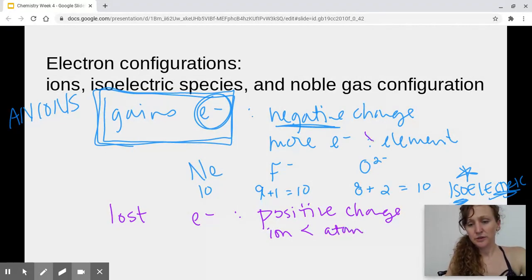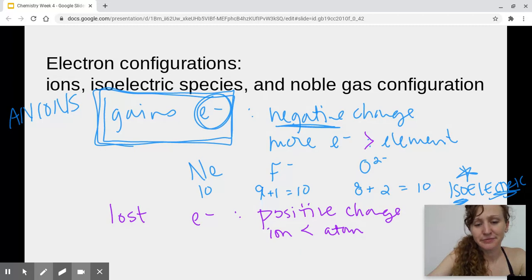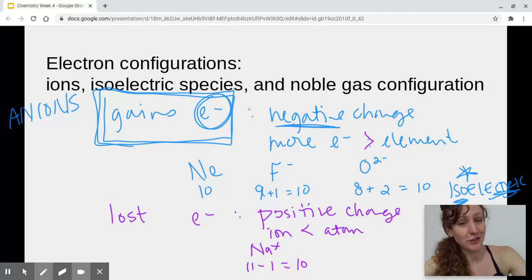I can put a little alligator in for our anion up there too. An example of this would be sodium. Let's just stay small. Sodium, for example, starts with 11 electrons. It now has a 1 positive charge. That tells you that it has lost 1 electron to become positive. So it lost 1 electron. It now has 10 electrons.